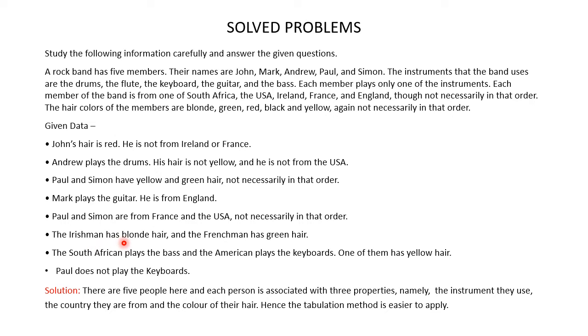The Irishman has blonde hair and the Frenchman has green hair. The South African plays the bass and the American plays the keyboards. One of them has yellow hair. Paul does not play the keyboards.